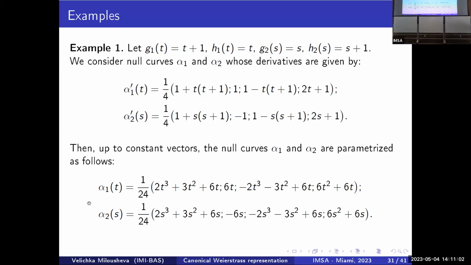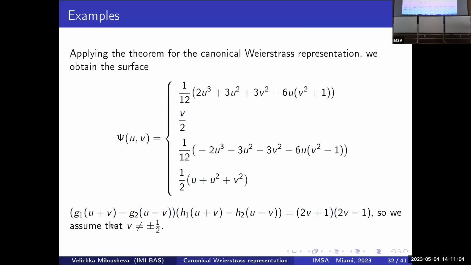And then we construct the corresponding minimal Lorentz surface using the canonical Weierstrass representation formula. We obtain a surface parameterized here in this way, first, second, third, and last coordinate functions. These are the coordinate functions of the surface.